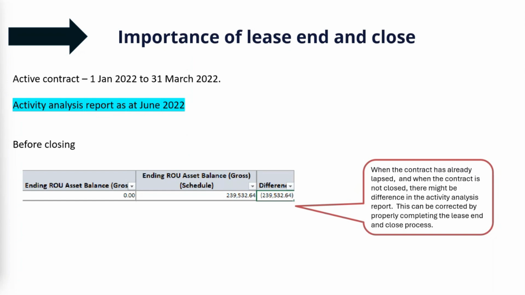So as long as your contract is open, you should still see an ending balance in the ending ROU asset balance, but the schedule would be 0. Is that correct? For the schedule will be 0. So yeah. But the other balance will reflect what the actual postings are. Yes. So that's why we'll have a difference. It's an indication that it's an expired contract.